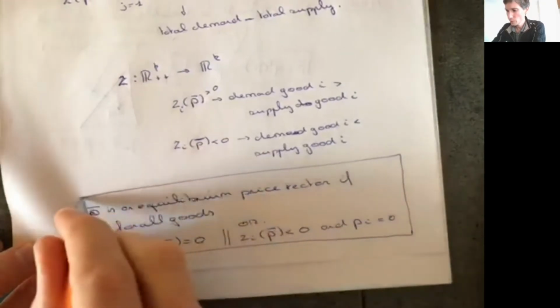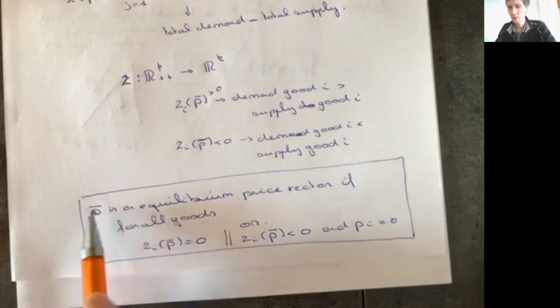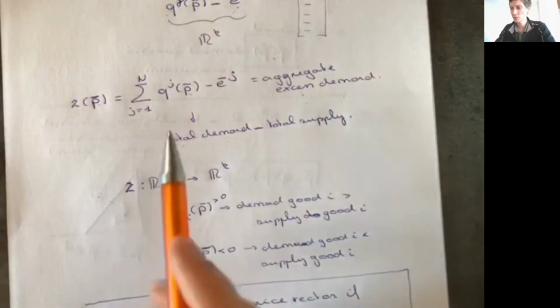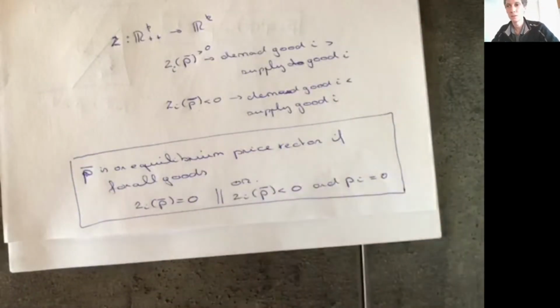So in the remaining part of this lecture I will show that given all the conditions that we have stated before, there's at least one equilibrium price vector. So there's a price vector p such that at this particular price vector aggregate demand is equal to aggregate supply, except for this strange case, you may say.